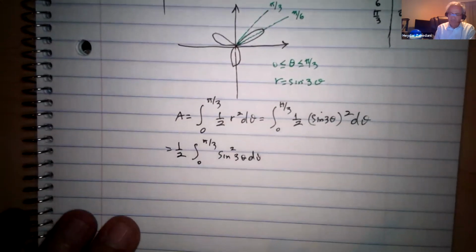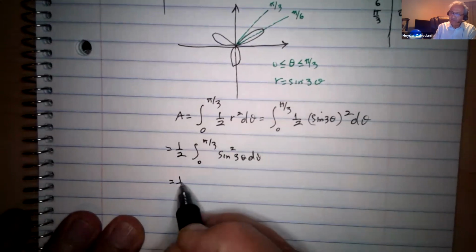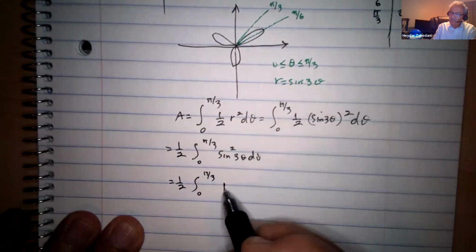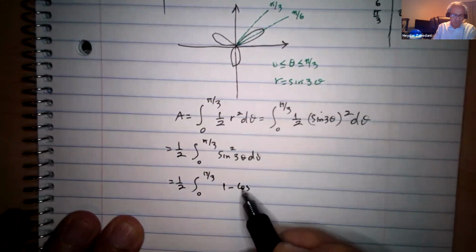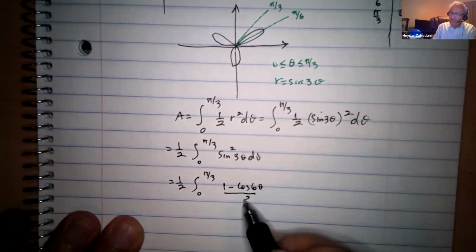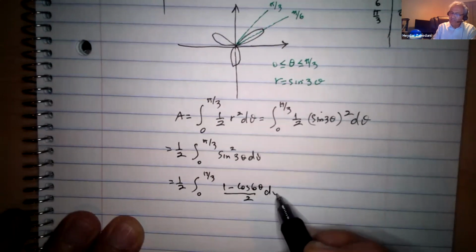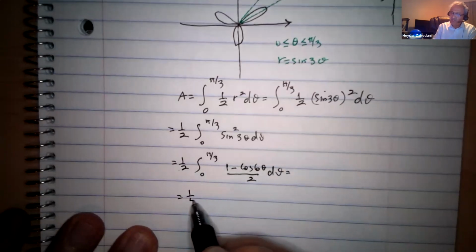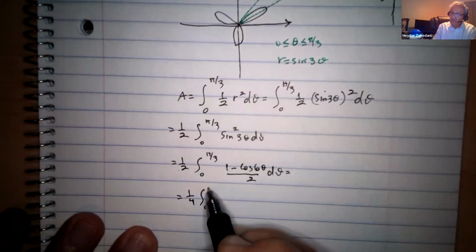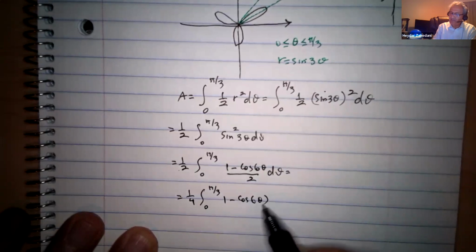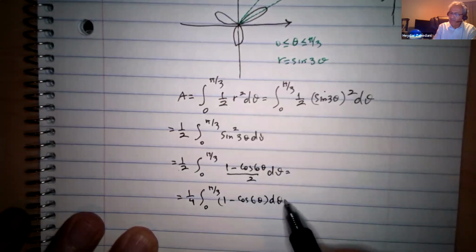Again, the double angle formula gives you 1/2, 0 to pi/3, of 1 minus cosine of the double angle, which is 6 theta, over 2 d theta. Pull out the 2, 2 and 2 would be 4, so 1/4, 0 to pi/3, of 1 minus cosine of the 6 theta d theta.